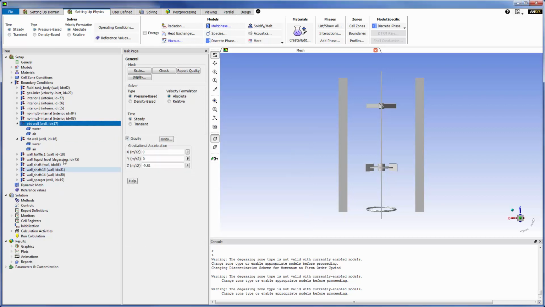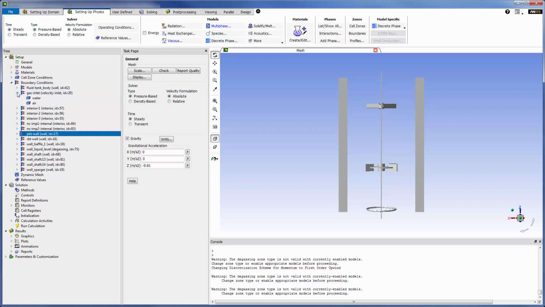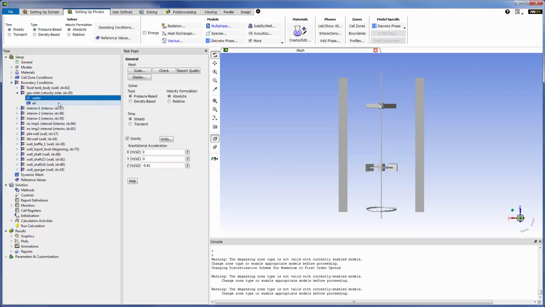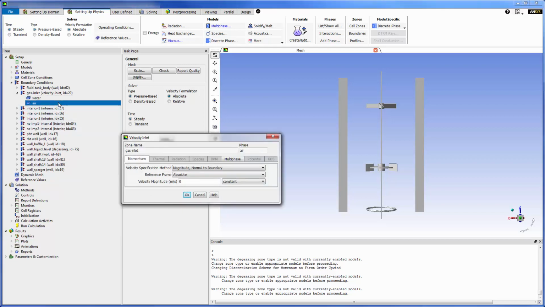When the multiphase model is specified, options controlling the initial velocity and volume fraction of each phase entering the inlet become available. Since I am using the dispersed turbulence model, I only need to set turbulence specifications for water. In this case, exclusively air will be entering the inlet, which is reflected by my volume fraction setting.